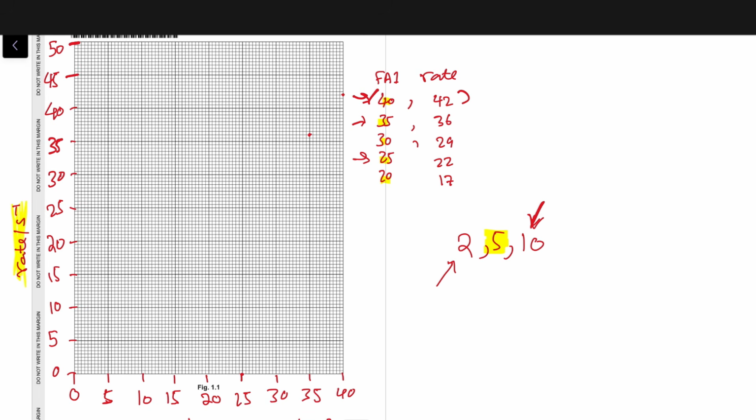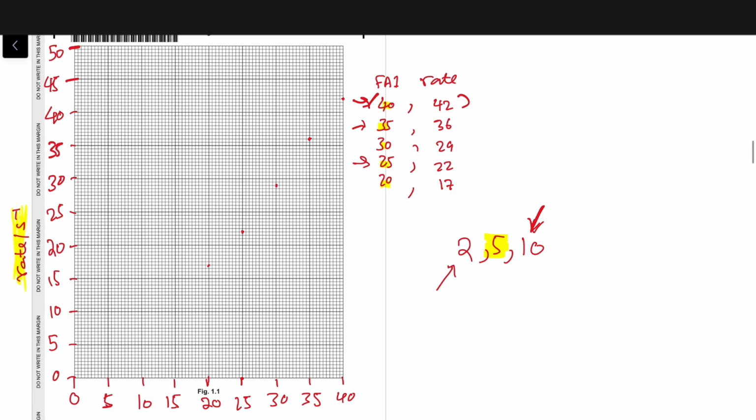And we have 30 and 29 up here. Then we have 25 and 22 around there, and 20 and 17, which is around here. Okay, there you go.